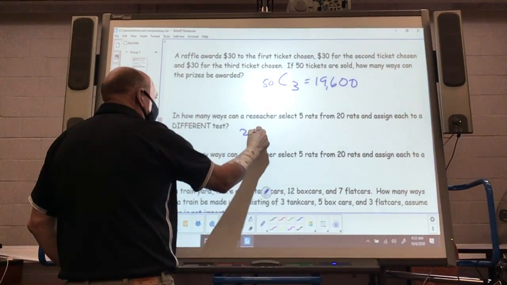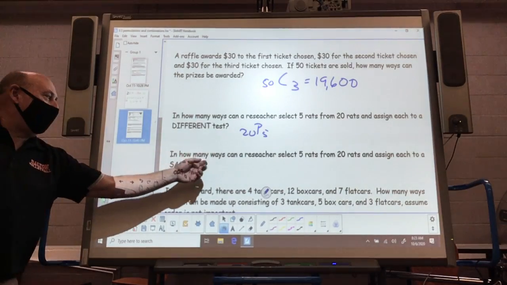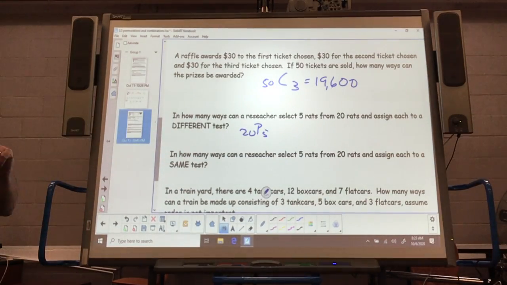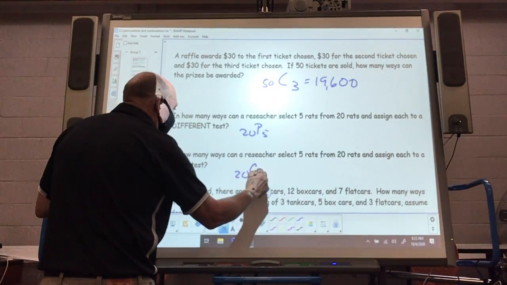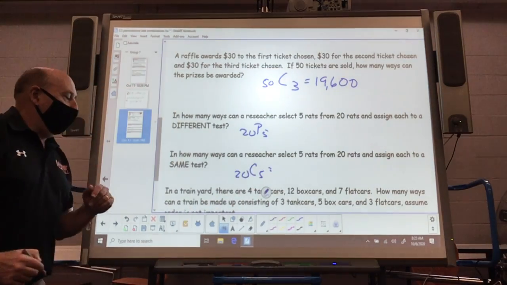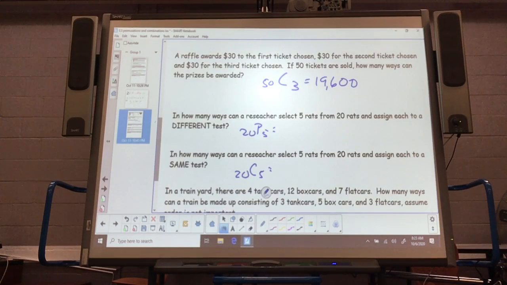So this is 20P5. Now in the second one, the 5 lab rats, they're all getting the same test. Is order important now? So this is going to be a what? Combination. This is going to be 20C5. And once again, if you have to use factorials, that's fine.